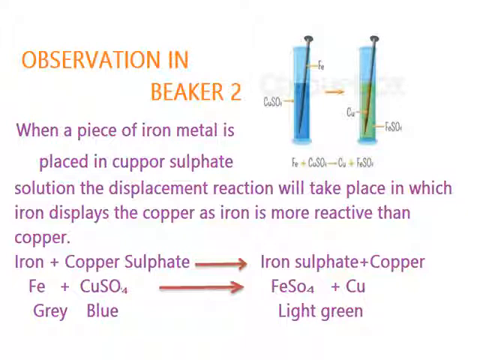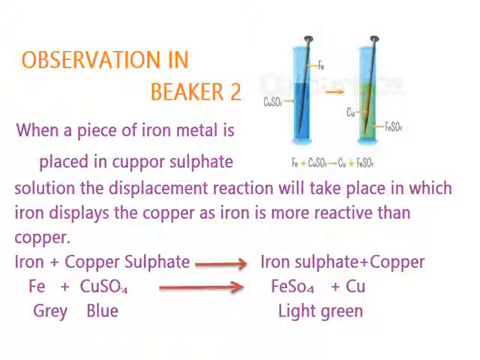Copper sulfate solution, as I told you, will be blue in color, and a fresh nail will be gray in color. So the gray colored nail is inserted into the copper sulfate solution.